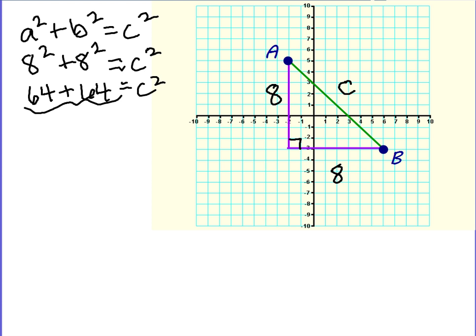When I combine like terms, 64 plus 64 is 128. That means, of course, that c itself is going to be the square root of 128, because I'm looking for what number times itself is equal to 128.